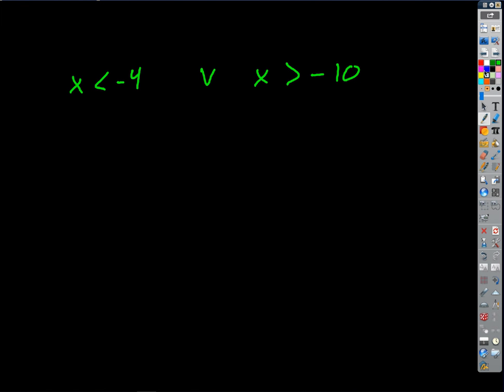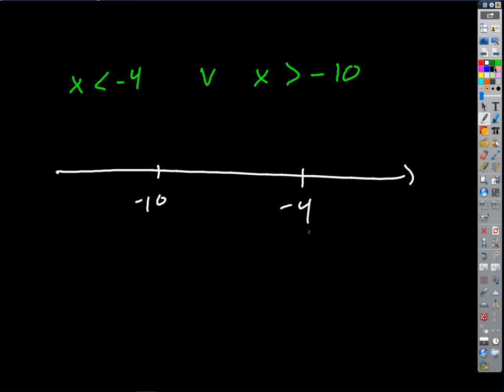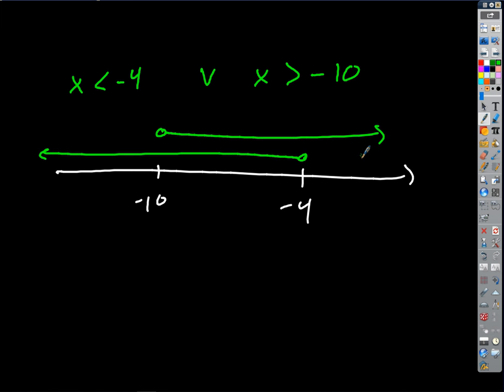I want you to see, this is rare, but it can happen. So here's negative 10, there's negative 4. If I graph x is less than negative 4, doesn't it look like that? X is greater than negative 10, doesn't that look like that? So what part of the x-axis is shaded? All of it, right? So that answer would actually be all reals. Okay, make sense? All right, that's a lot of math.